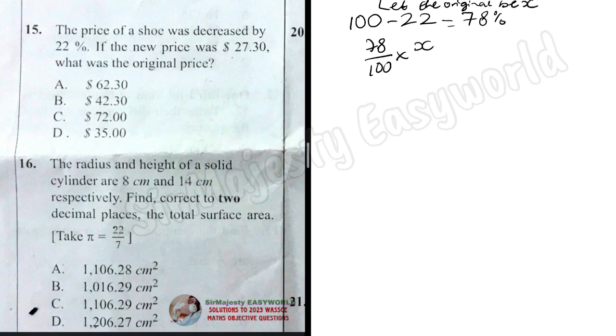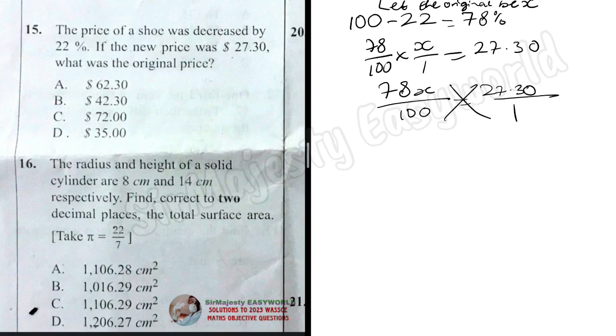be X. So this will be 78 over 100 times X is equal to 27.30. So 78 multiplied up, that's 78x. 100 multiplied by 1 will give us 100, equal to 27.30. Cross multiplying both of them, that's 78x is equal to 27.30 multiplied by 100, which is 2730.